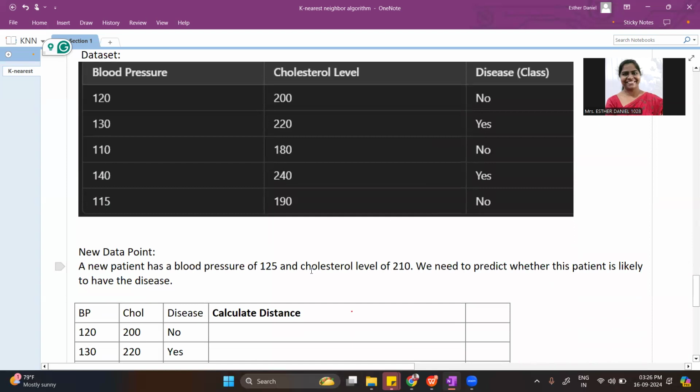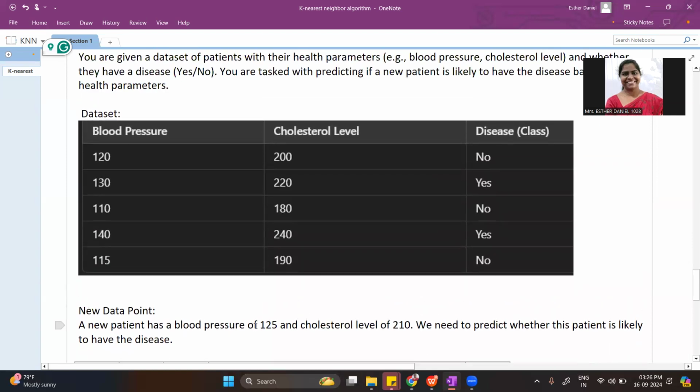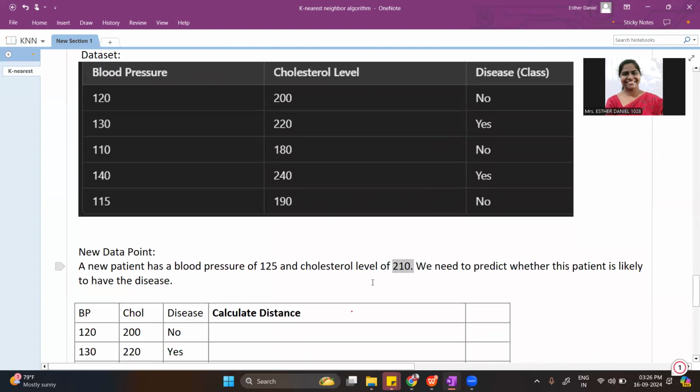The new patient's blood pressure value is 125 and the cholesterol level is 210. We have five already analyzed patients' data with labels. If the blood pressure is 120 and cholesterol level is 200, they don't have the disease; their health parameters are normal. Otherwise, it is abnormal and should be treated. That is how the data set is.